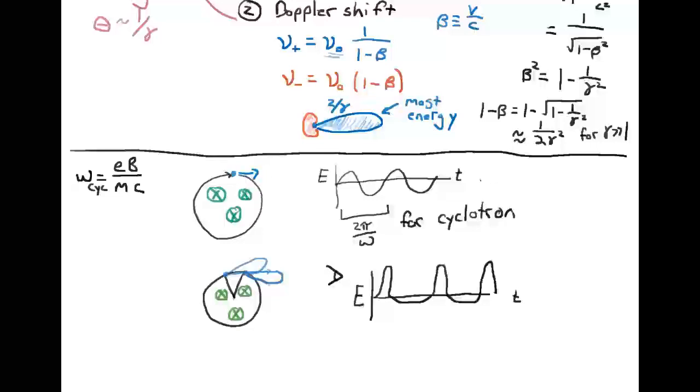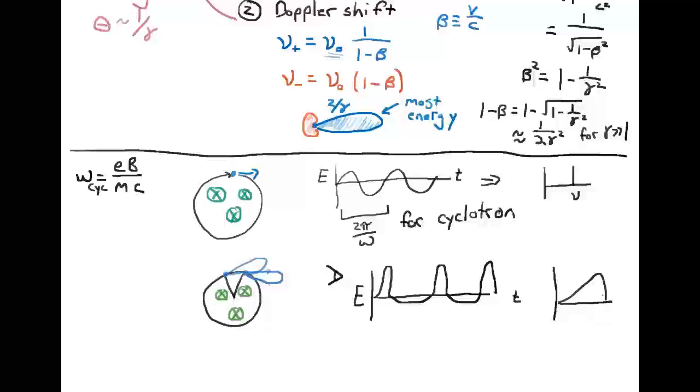And while for the cyclotron emission, the Fourier transform of that waveform corresponds to one particular frequency, that is a photon of a single frequency, we can see that the Fourier transform of this modulation pattern for synchrotron emission is not going to be monochromatic. It may have a characteristic frequency, but it's certainly not a delta function, because this does not look like a sine wave.